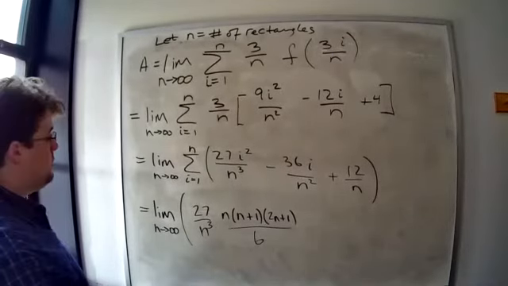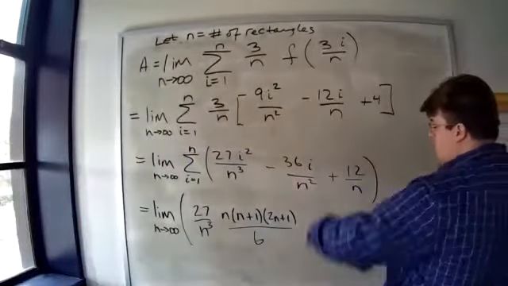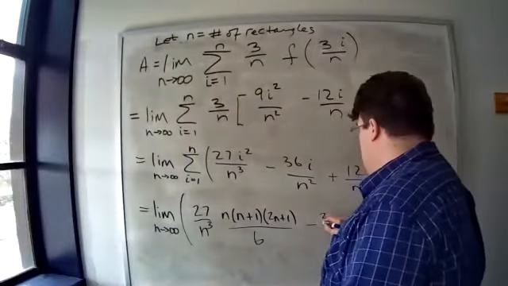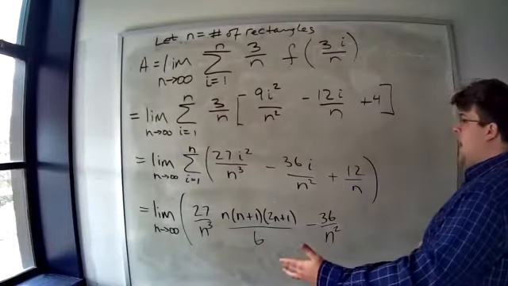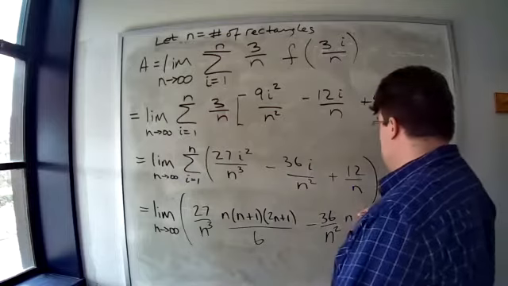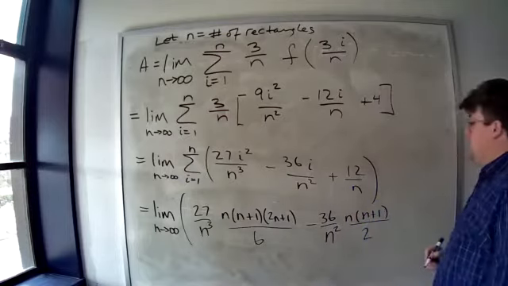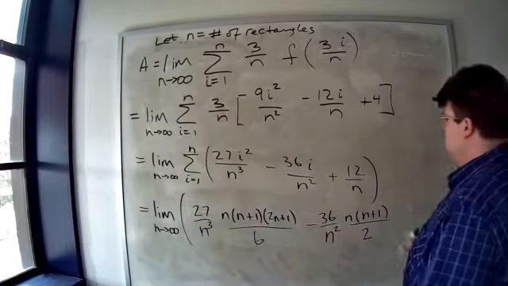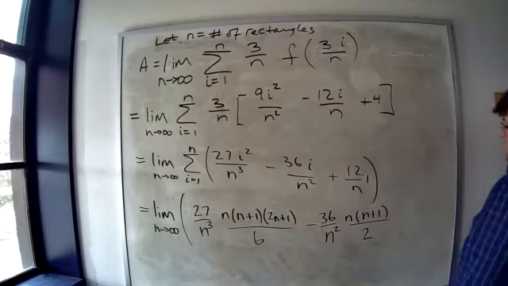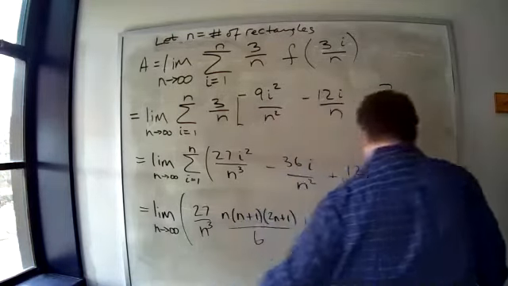Okay, so now we have to do that with the other two parts. This part is just the sum of i, but before that we have this negative 36, and we have an n squared in the bottom. The sum of i is given on that page, n times n plus 1 over 2. And then this last piece, we usually don't write the 1, but it is the sum of 12 over n from 1 to n.